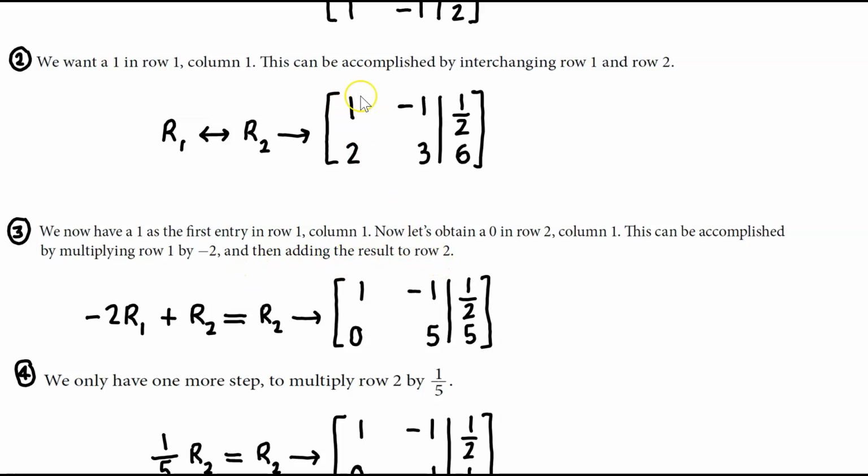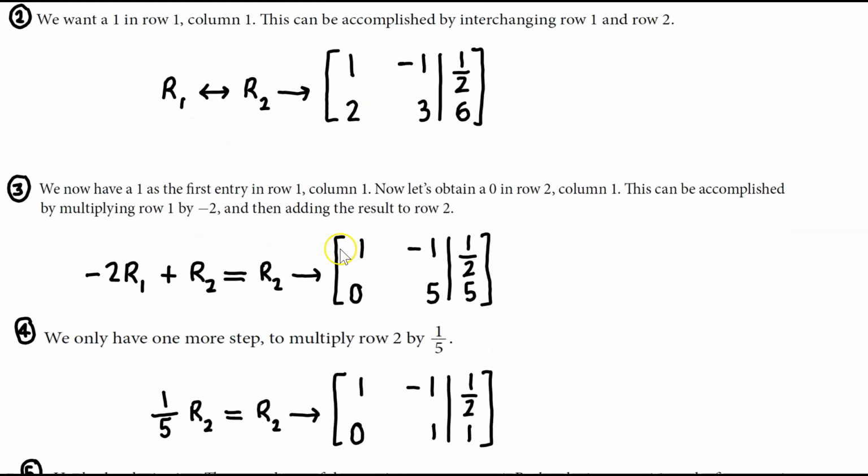What we can do with that 1 is make this 2 a 0. Well, the opposite of +2 is -2. So according to this rule, we're going to take -2 and multiply it by row 1, meaning -2 times this 1 is -2. And if you add it to the +2, it's going to give you 0.